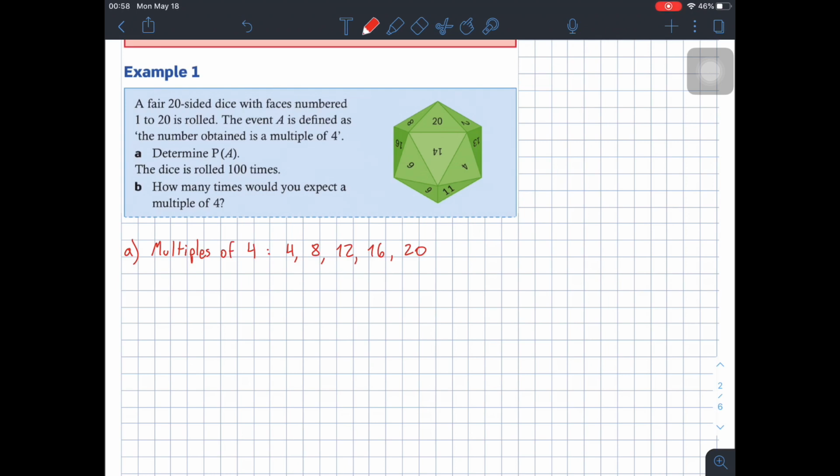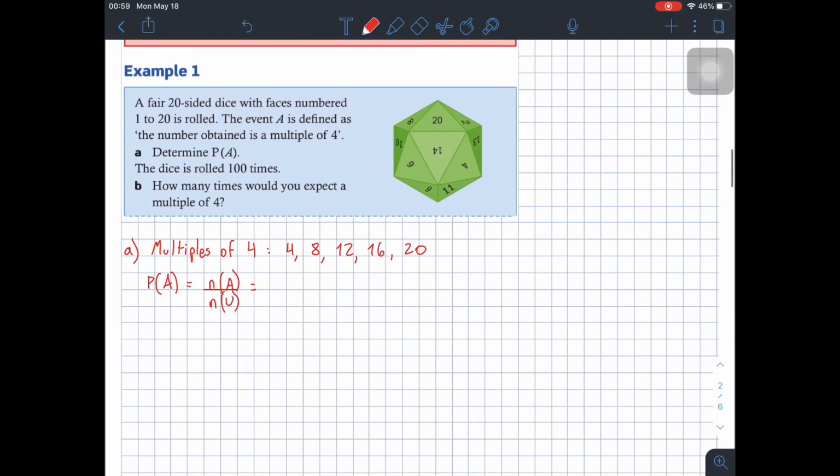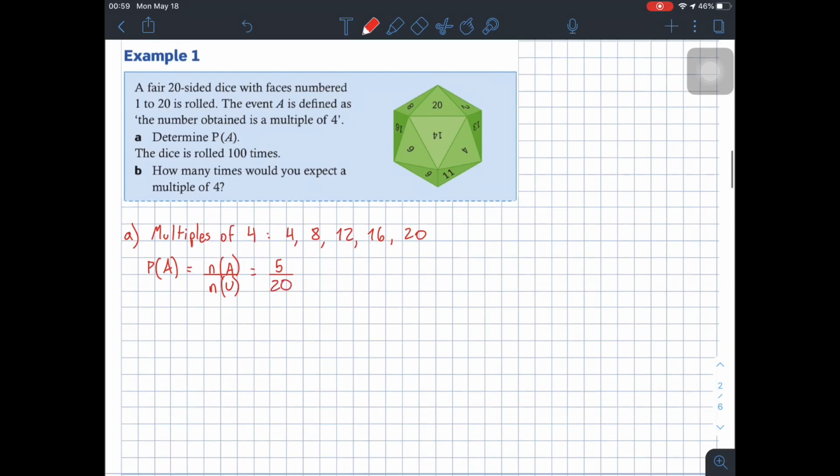So if we want to find the probability of A of obtaining a multiple of 4, remember the formula. Actually, it's very logical, right? It's the number of event A divided by the alternatives I have in the universe. So the number of event A would be 5. There are 5 different possibilities for event A. So 5 divided by, how many options do I have in the universe? 20 numbers, so divided by 20, okay?